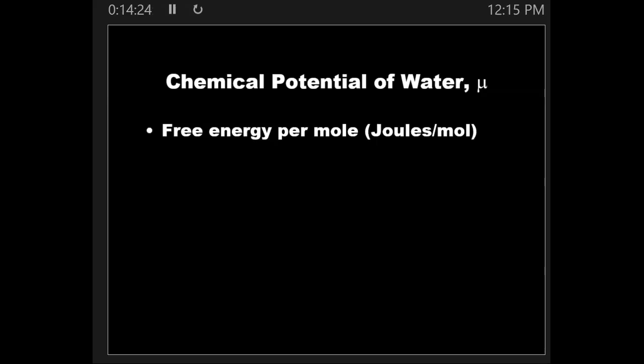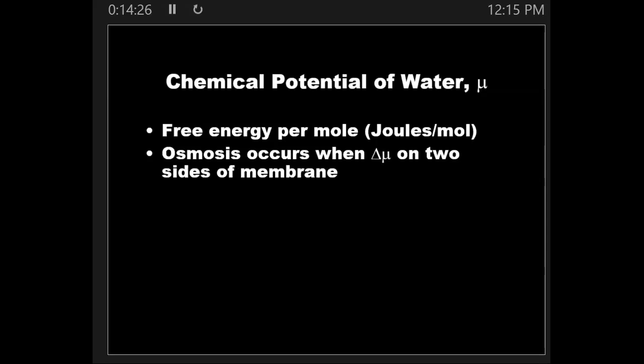And what they said was, well, you could say that osmosis is going to occur when there's a difference in chemical potential on either side of that membrane. And that's absolutely true. And then they say, well, you're going to get movement of water down a chemical potential gradient from higher to lower. And again, true.